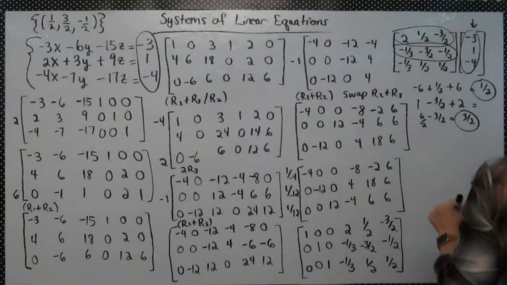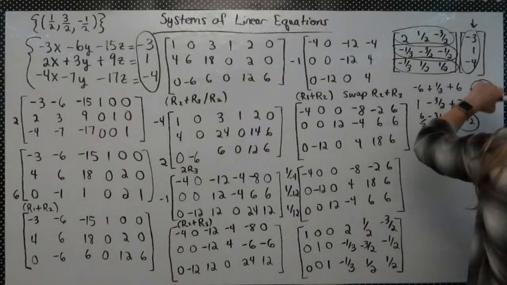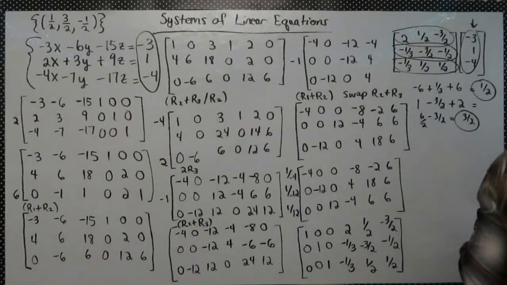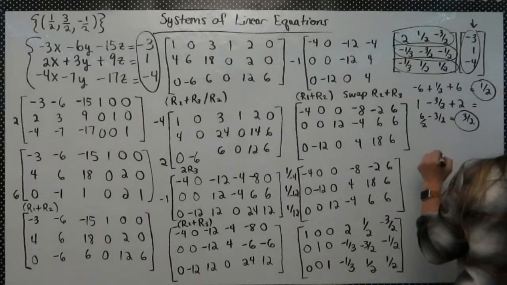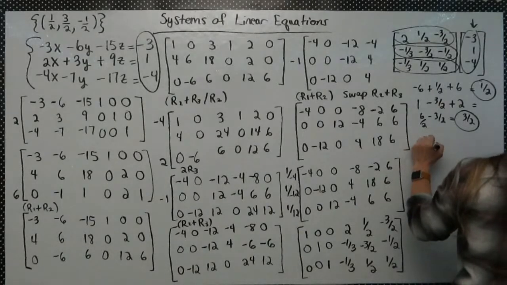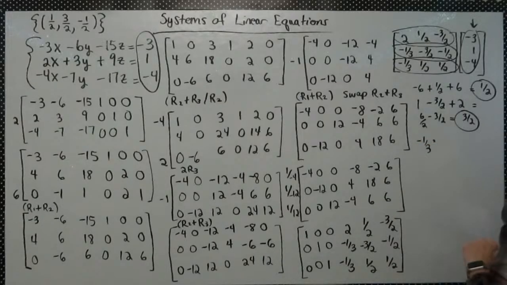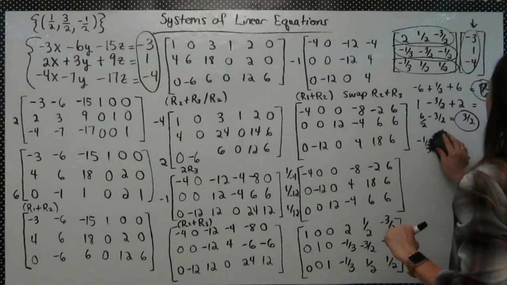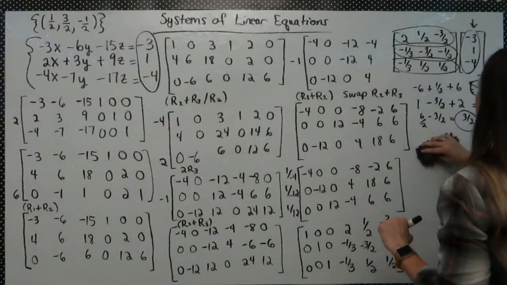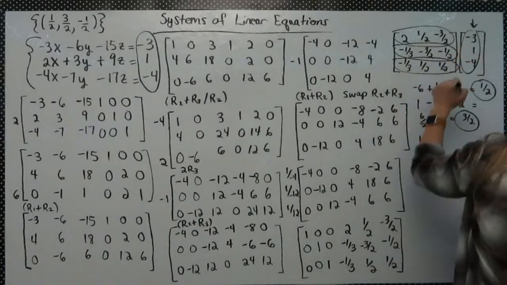And then we've got one more. It's this row times this column. So this is going to be negative 1/3 times -3, and it's going to be a positive 1 because it's reciprocal. So negative 1/3 times -3 is 1. 1/2 times 1 is 1/2.